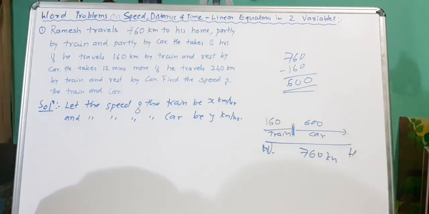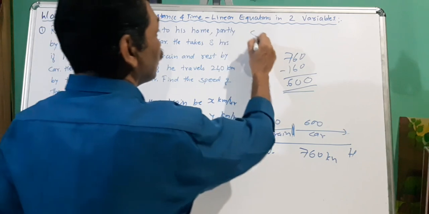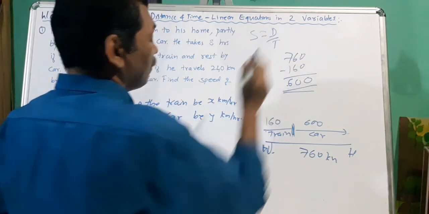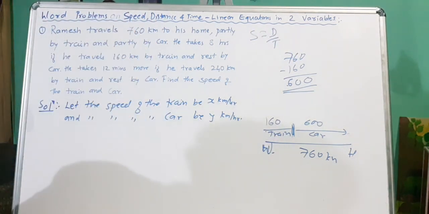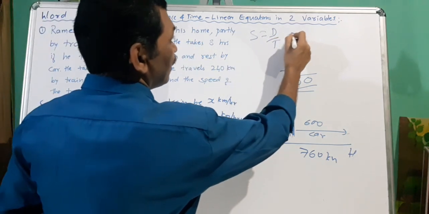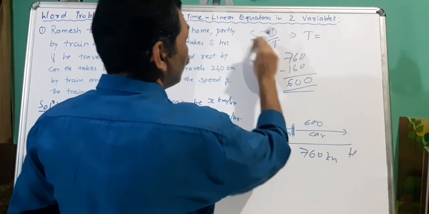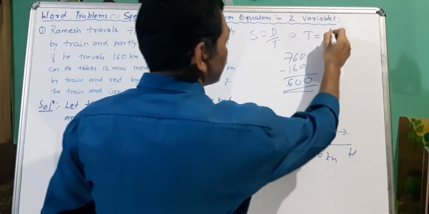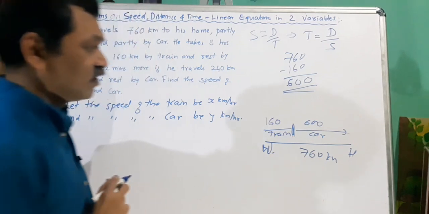Now we have a formula, speed is equal to distance upon time, as we have studied earlier in upstream and downstream. Here the total time is given, so we have to convert this into the form time is equal to distance upon speed.